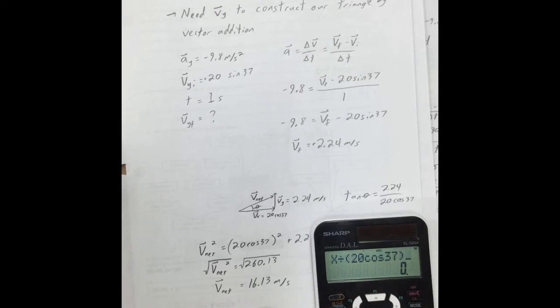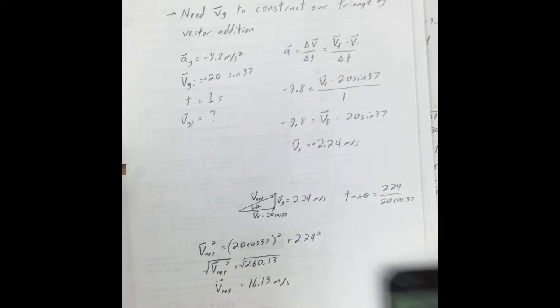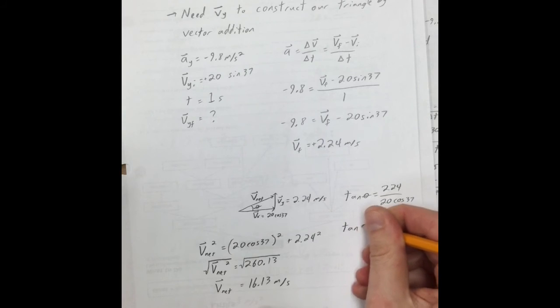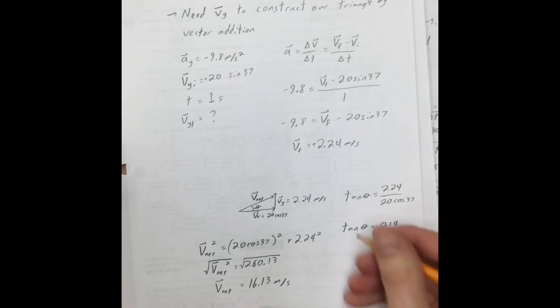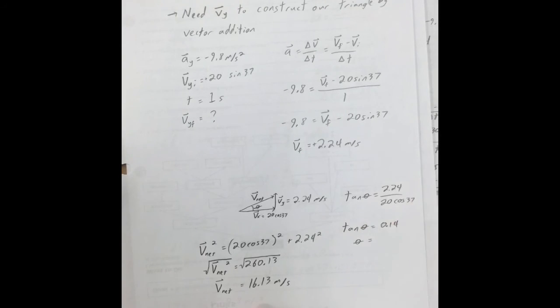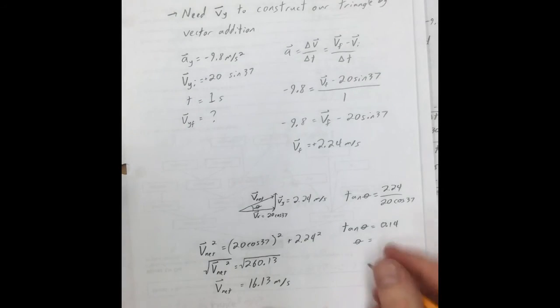Here's that number again, divided by 20 cos 37. Be careful with your brackets here, because if you go 2.24 divided by 20 times cos 37, but don't include brackets, you're not going to get the right answer because of order of operations. So make sure you keep everything in the denominator in brackets to avoid that problem. So tan of our angle is 0.14 and then a bunch of zeros, but that's fine because we're just going to do the inverse tan operation to that to give us 7.97 degrees.